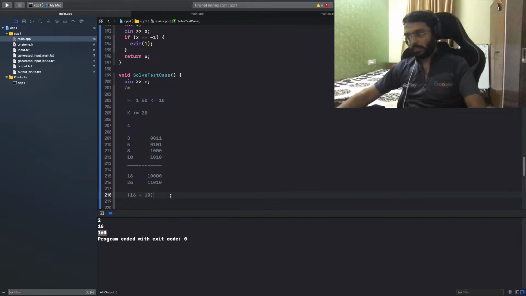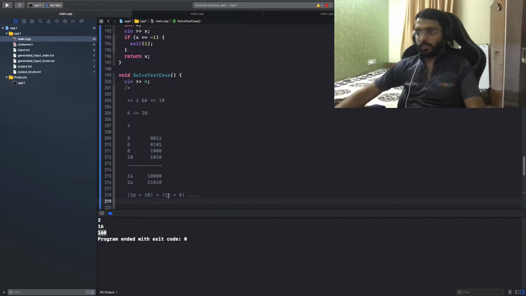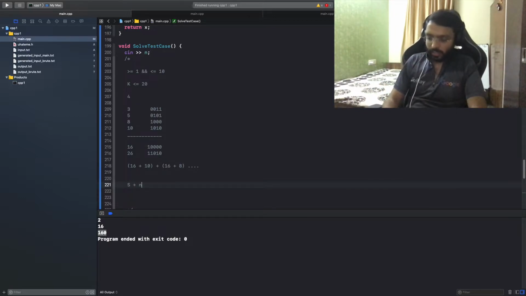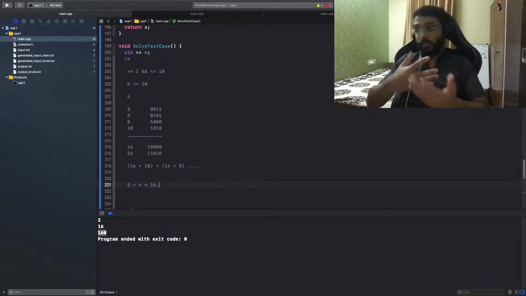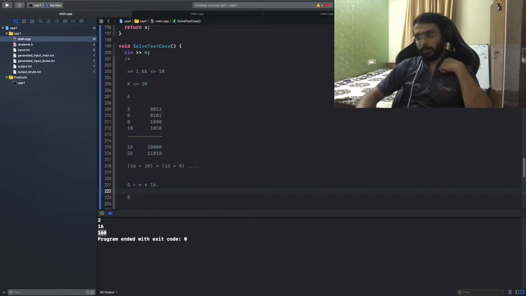Instead of XOR, it becomes kind of like a plus: 16 plus 8 and so on. So if the sum of this entire thing is S, I will get S plus N multiplied by 16, the value K which I chose.